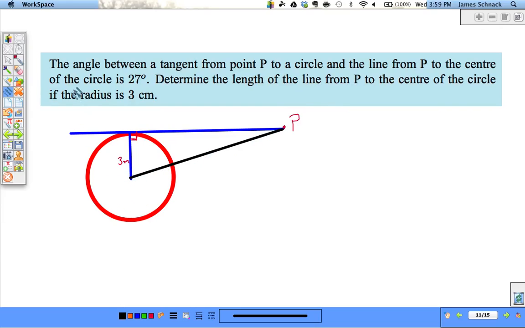So this black length, that we don't know. We do know that the angle between that line and the tangent is 27 degrees. There we go. Do you see the right triangle? Can you envision how we're going to use right triangle trigonometry to do that? This is the opposite side. This is the hypotenuse.